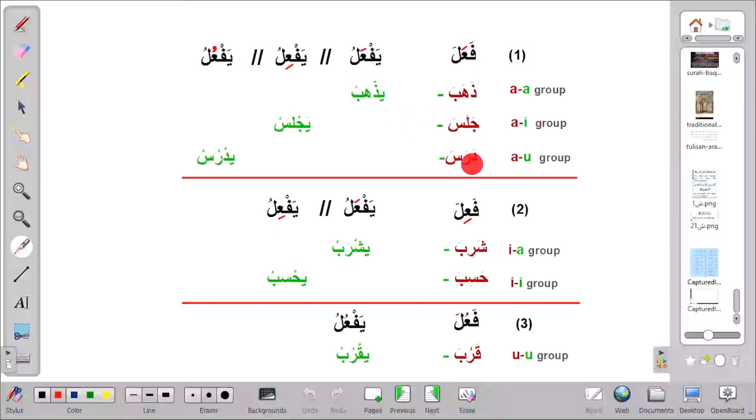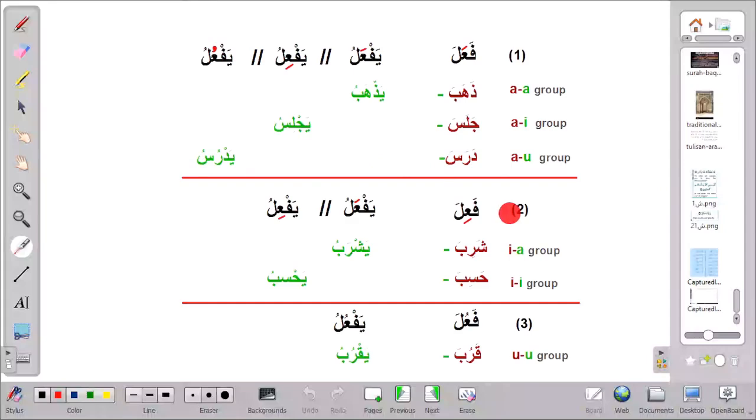Okay, darasa, yadurusu. You see, the mudore is yadurusu. So that is an example for each. Example for this one is zahaba, yazhabu. Example for this one is jalasa, yajlisu. Example for this one is darasa, yadurusu. I hope that is clear.